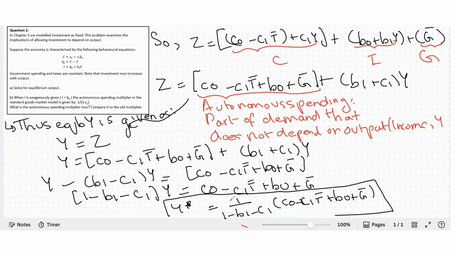This term over here is what we call the multiplier, 1 over (1 minus b1 minus c1), and this we know is autonomous spending, which is the part of demand that is not dependent on output. Right, so in this way, we can find the equilibrium output in this particular model, where investment is allowed to depend upon output rather than being given exogenously. For part B, we'll look into it in the next video.